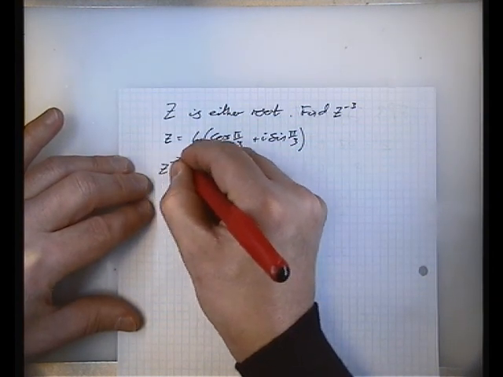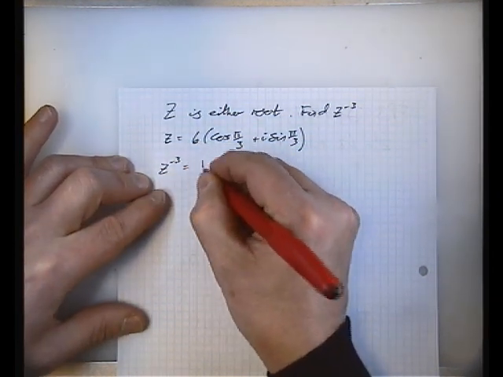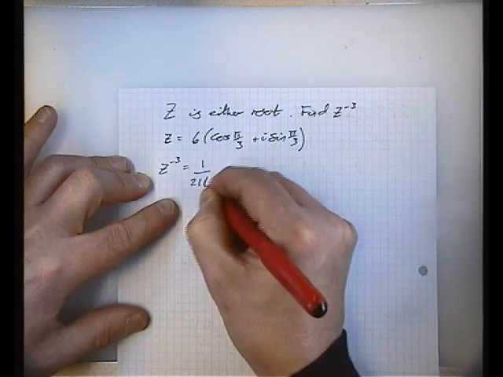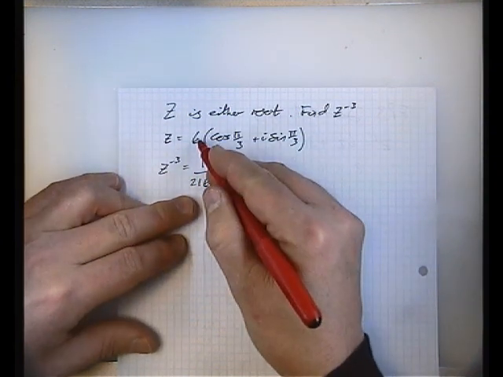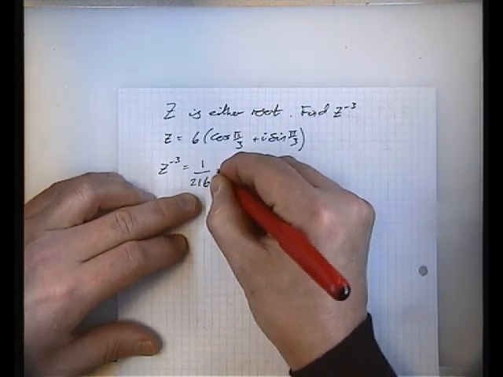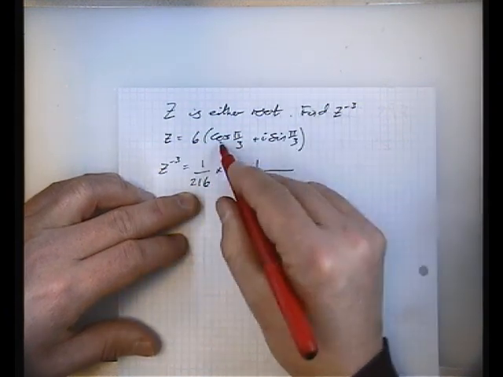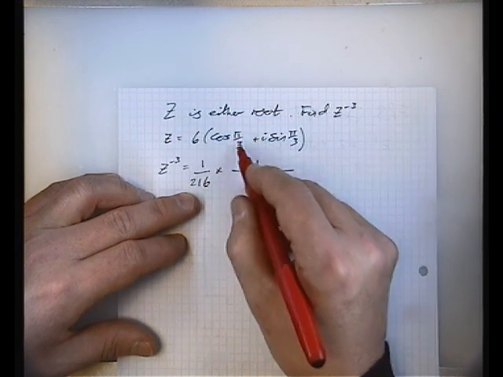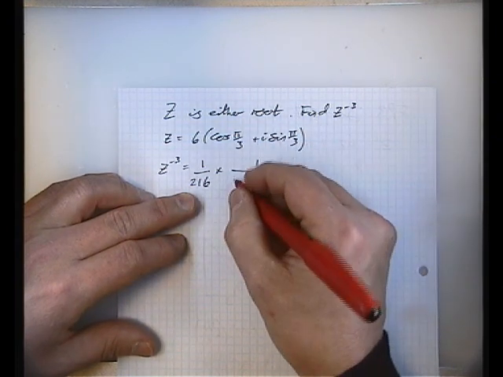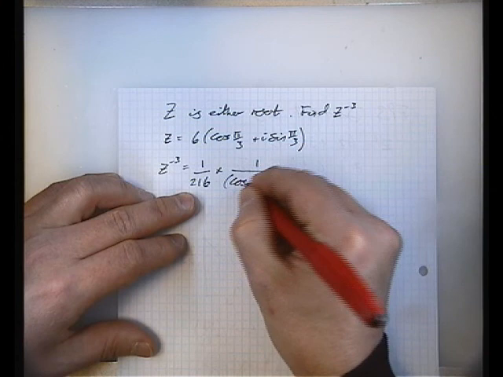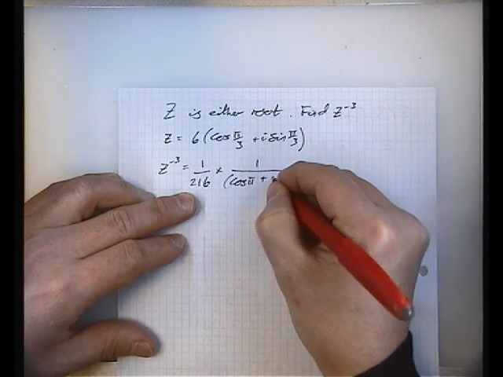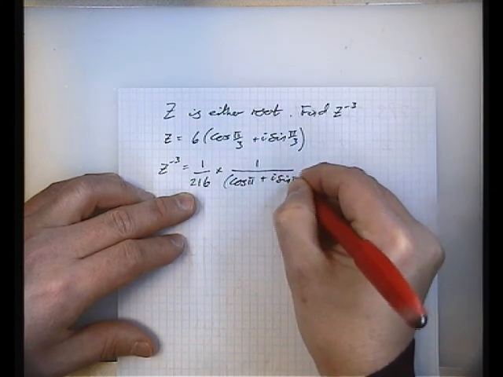So z to the minus 3 is going to be 1 over 216, 1 over 6 cubed, and times 1 over, now the cube of this complex number here, the cube of cos pi by 3 plus i sine pi by 3, is cos pi plus i sine pi.